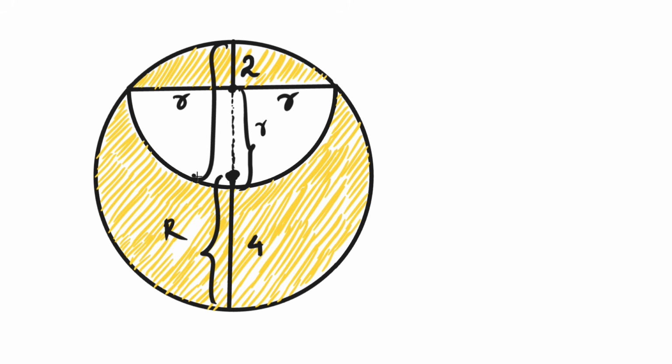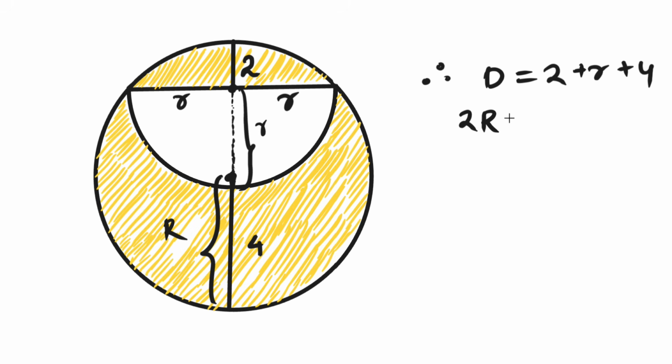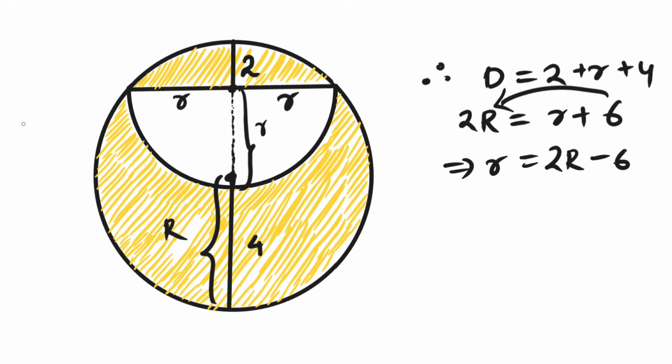The full diameter of the large circle is made from the top segment of 2 units, the diameter of the smaller semicircle of 2r units, and the bottom segment of 4 units. Therefore, the diameter is 2 plus 2r plus 4, which gives 2R equals 2r plus 6. From this we can write r equals R minus 3.